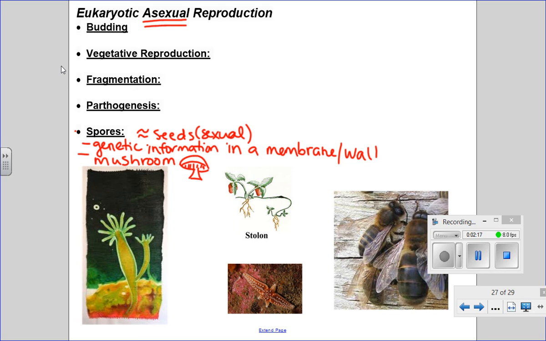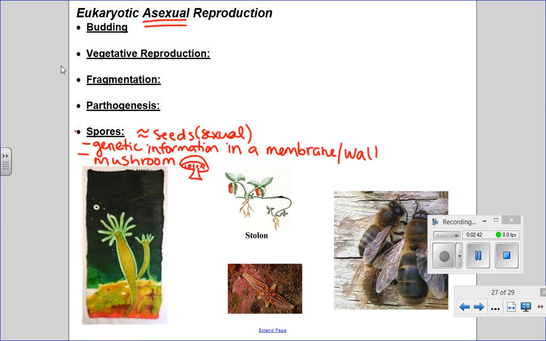Now, because we got cut off, we probably didn't give anyone a chance to ask some questions about the other types of asexual reproduction. So before I talk about spores a little bit more, which I will do, does anyone have questions that they didn't get to ask yesterday about budding, vegetative reproduction, fragmentation, or parthenogenesis?